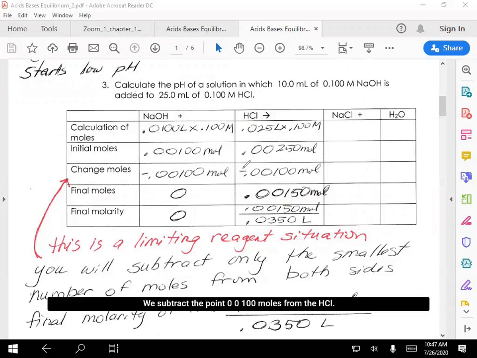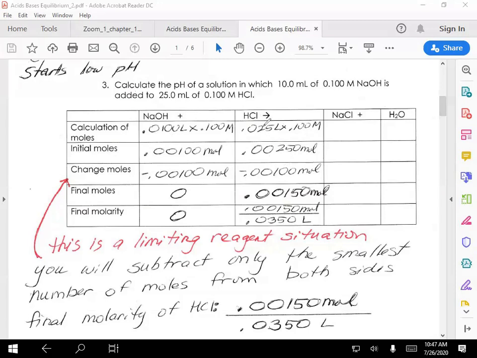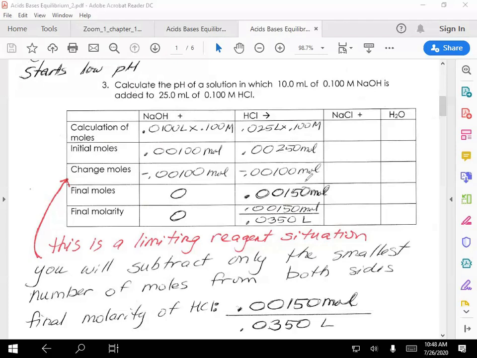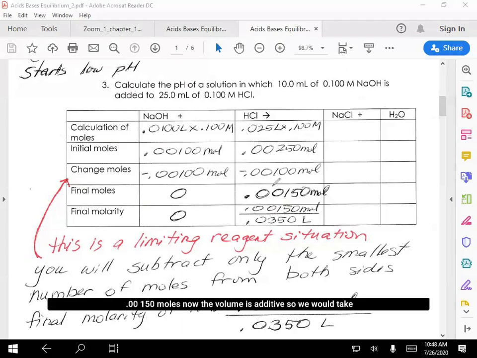We subtract the 0.00100 moles from the HCl. The HCl is in excess. So we still have some moles of HCl, 0.00150 moles.